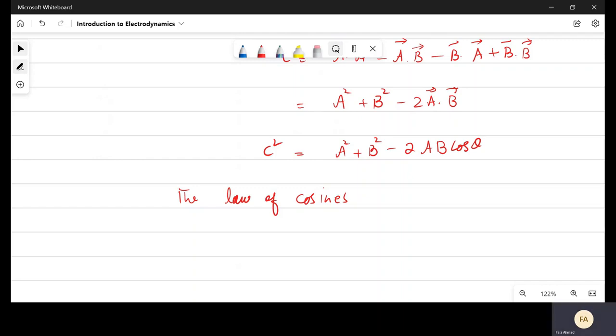So C square, that is the difference of vectors A and B, can be expressed as a vector self dot product in terms of the law of cosines.